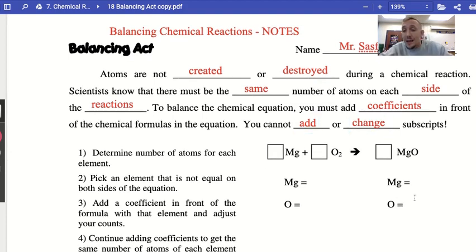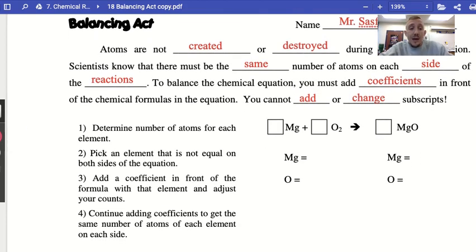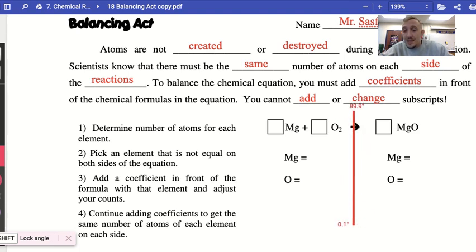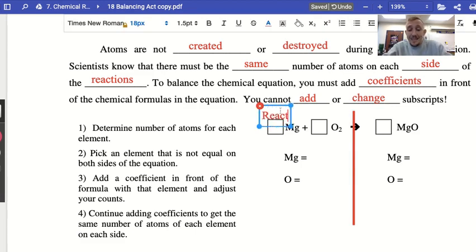So scientists must know that there must be the same number of atoms on each side of the reaction. I have a reaction here, and I'm going to show you what I mean by sides. I'm going to separate this where the arrow is. On the left side, we call these the reactants.